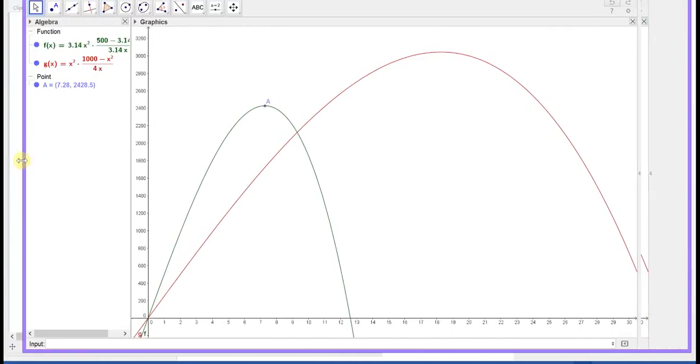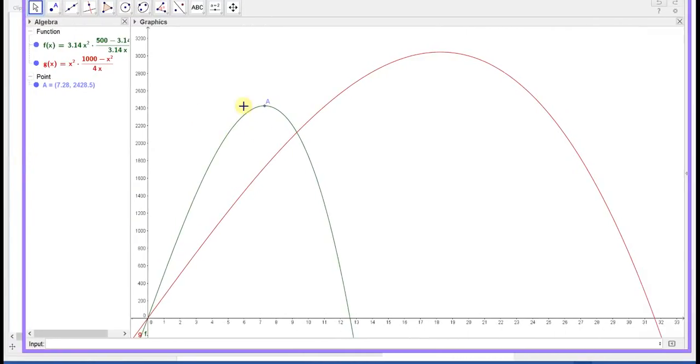The volume is over here on the vertical axis, and the bottom is the x value. For the rectangular prism, the x value represents that base length, and for the cylinder, it represents the radius.